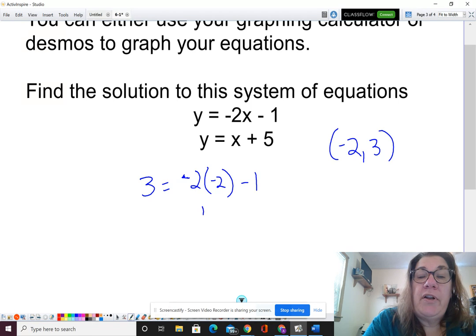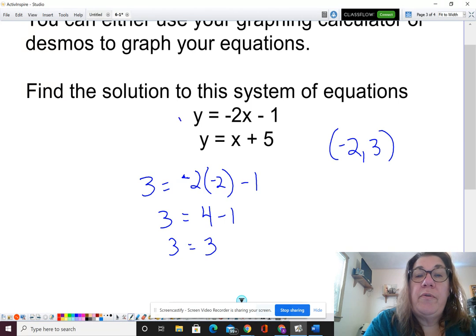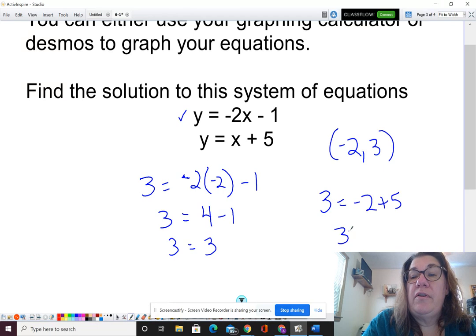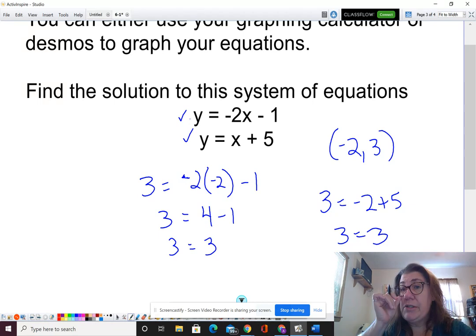Negative 2 times negative 2 is positive 4, minus 1 is 3. So it works for the first equation. We plug it into the second equation. 3 equals negative 2 plus 5. 3 equals 3. It checks out for both equations when we put that in for the x and that in for the y.